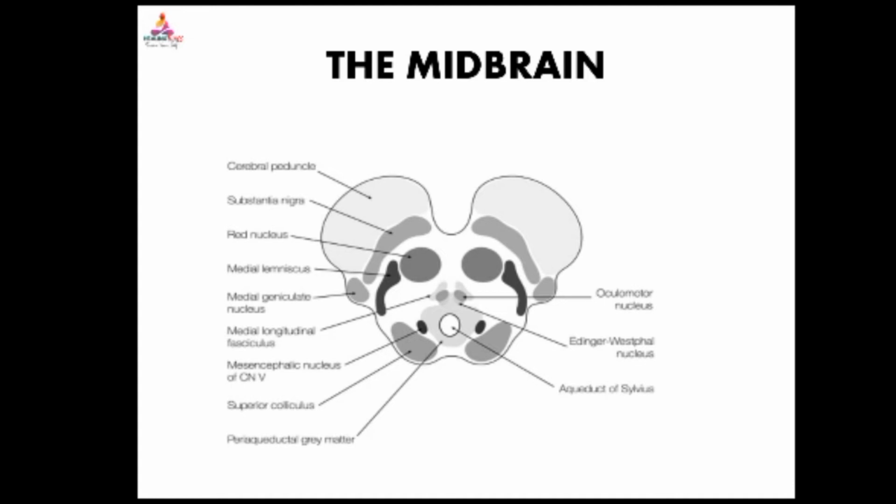The tegmentum largely consists of ascending tracts from the spinal cord to the thalamus and contains two large cigar-shaped nuclei called red nuclei.